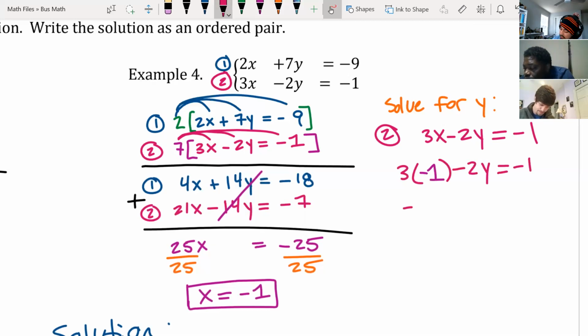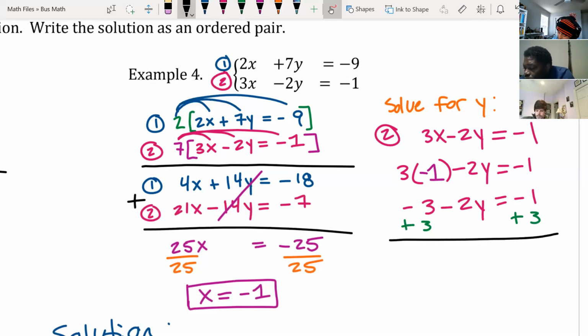I'll get -3 minus 2y equal to -1. And then I'm going to add that 3 over. And we'll have -2y equal to 2. And then I'm just going to divide by -2.